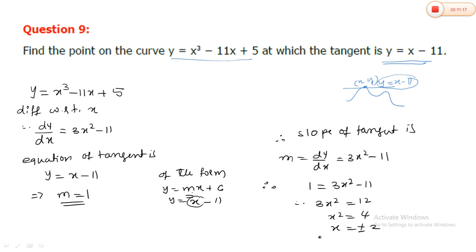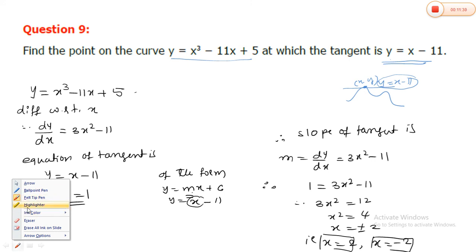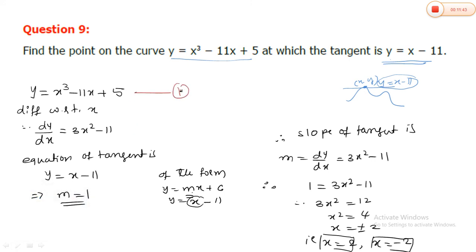That is x equal to 2 and x equal to minus 2. There are two values, and we have to find the corresponding values of y, so we substitute x equal to 2 and x equal to minus 2 in the equation.